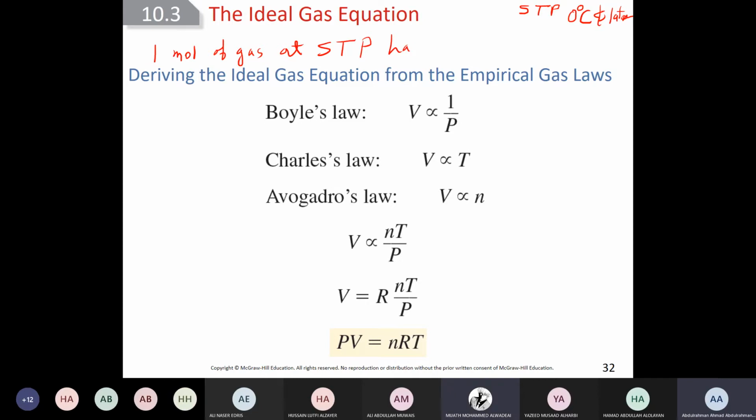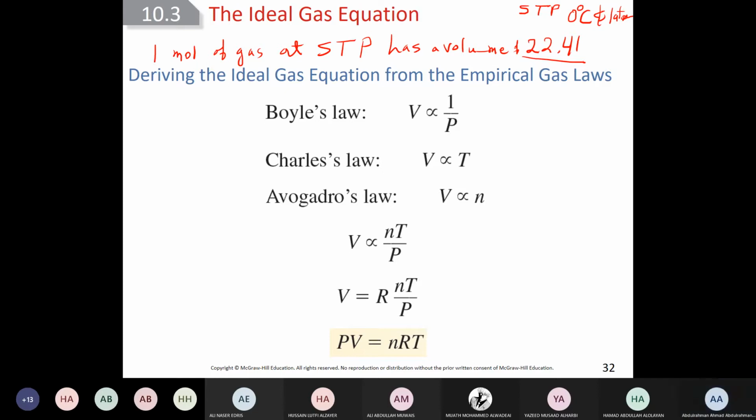Yes, I want you to memorize this number. 1 mole of gas at STP has a volume of 22.4 liters.